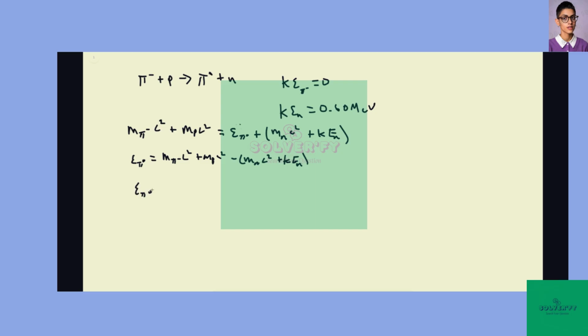So now we know all of these numbers, so we can plug this in. So we can say E pi, the total energy of the neutral pion, is going to be equal to 139.6 MeV plus 938.3 MeV minus 938.6 MeV plus 0.60 MeV.